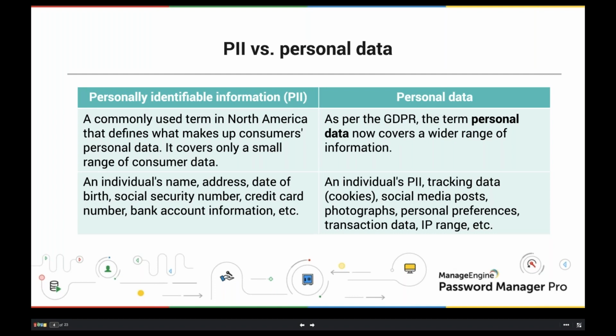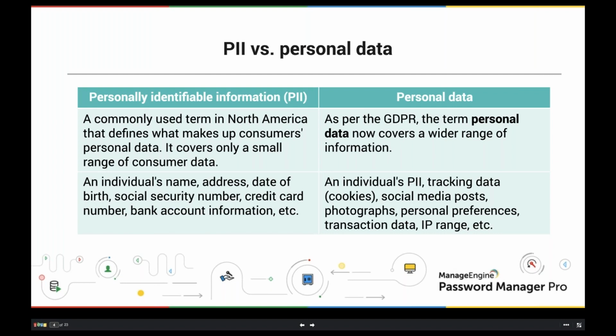The new European data privacy law, GDPR, defines personal data as follows. Personal data means any information relating to an identified or an identifiable natural person. An identifiable natural person is one who can be identified directly or indirectly, in particular by reference to an identifier such as a name and identification number.